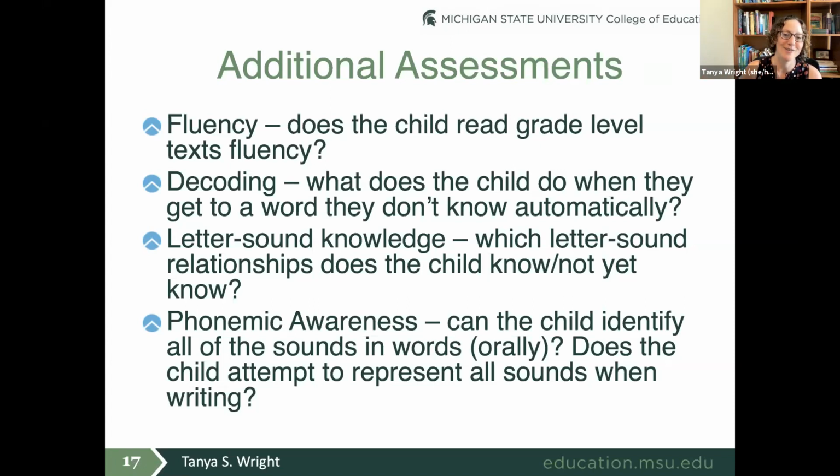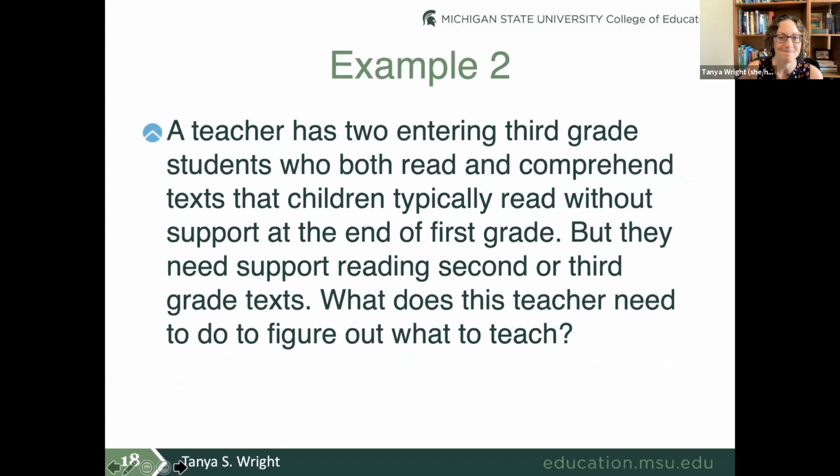If they're only looking at the first sound, let me make sure they look at additional sounds. If they're skipping the word, we have to start talking about monitoring for comprehension. So understanding where kids are on a day-to-day basis helps us to know what to teach. And particularly in small group instruction, because we can pull together groups of kids with similar instructional needs.